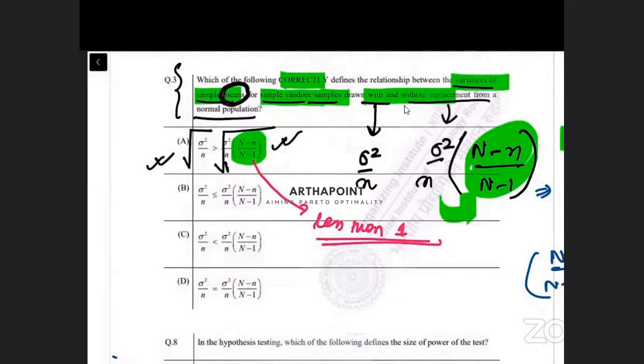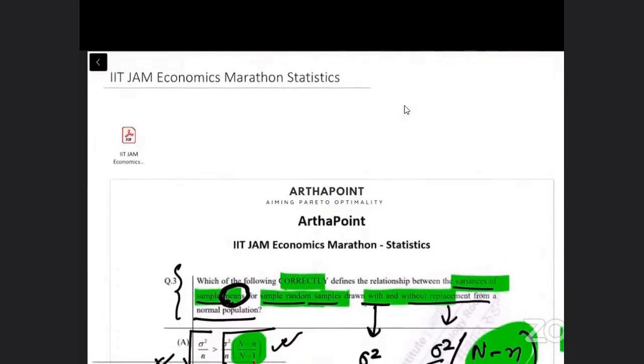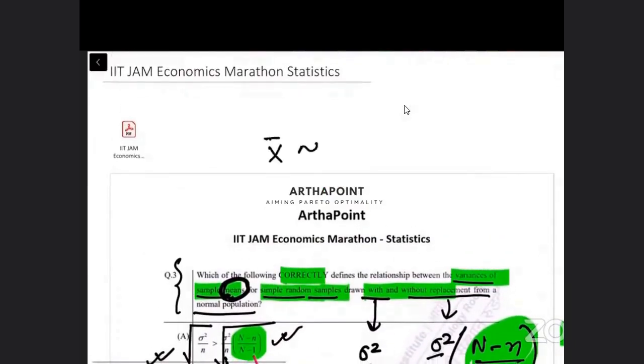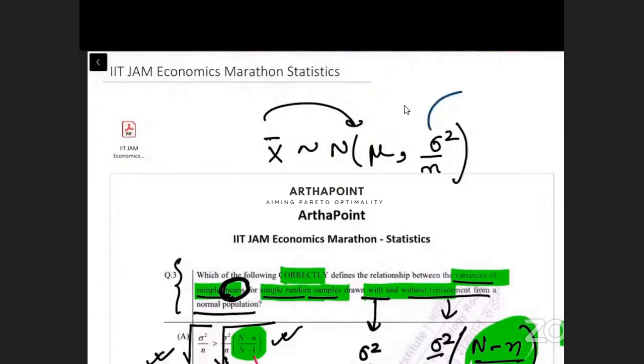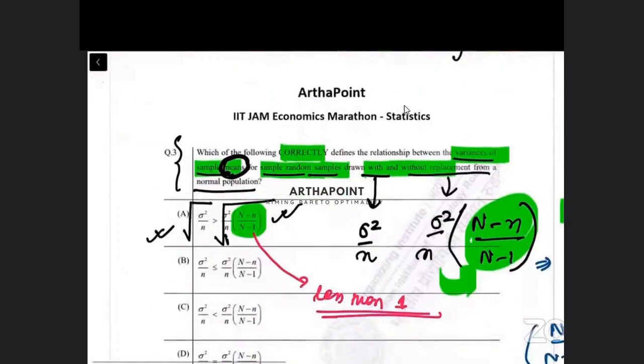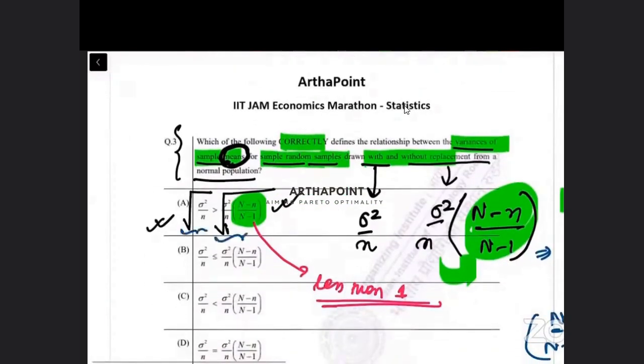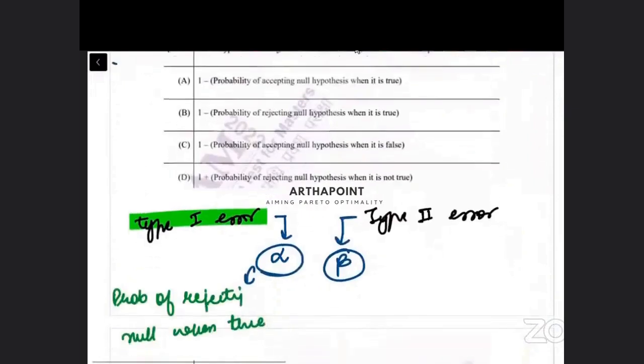My sample mean is normally distributed with population mean mu and variance sigma square by n. So the standard deviation is sigma by root n in this case. Okay, fine. So let's go to this question.